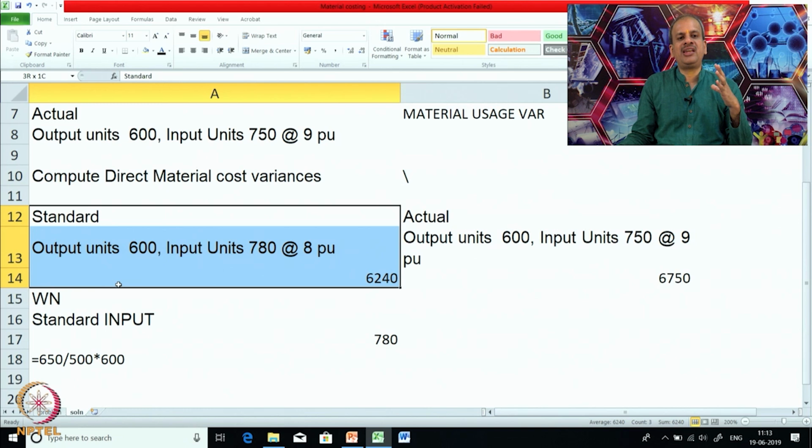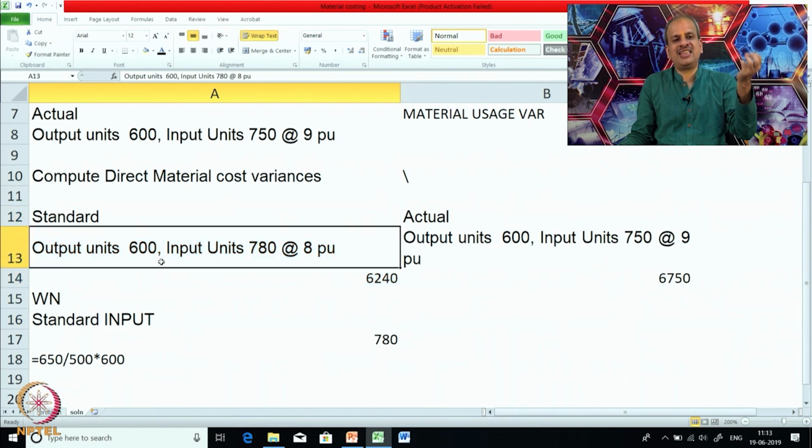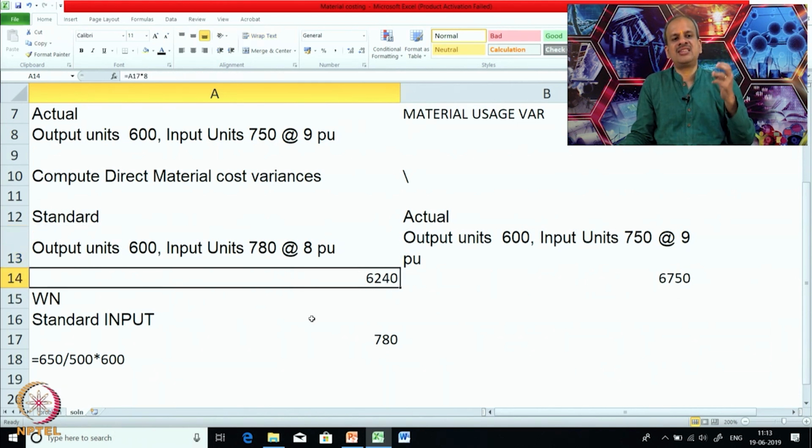So, for calculating the standard cost, we have written output units as 600 and input units as 780 at 8 rupees. So it gives us a standard cost of 6240.